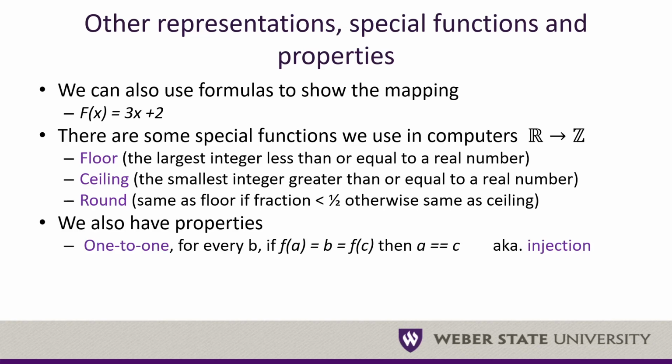And then the properties. And these are the things that you're going to be looking at in the next programming assignment. So one-to-one means that every element of the codomain, the range, has at least one element of the domain that maps to it. And I'll give you a shortcut.